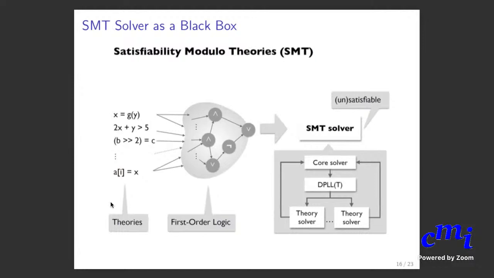See, the simple DPLL that I showed just now assumes that the atomic formulas are just propositional, whereas here your atomic thing can be something like this. For that, the DPLL itself doesn't know that. One version of this, I'm sorry, this must be some less than or equal to 1 or something like that.